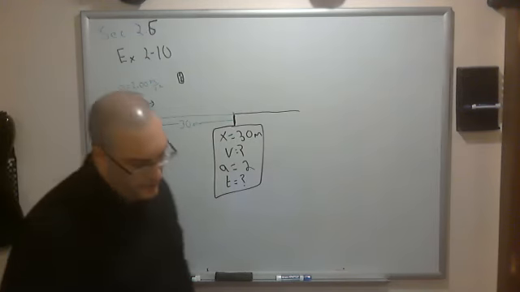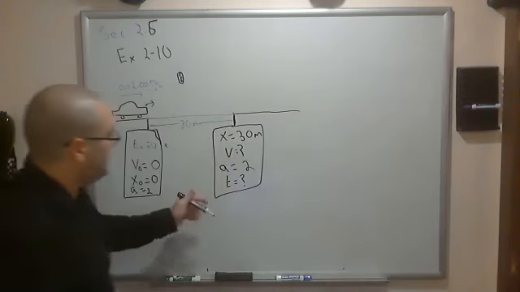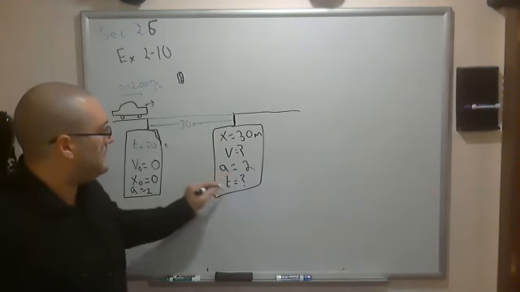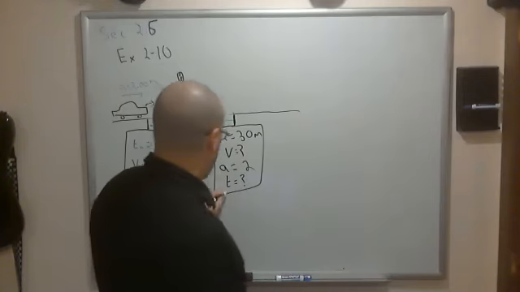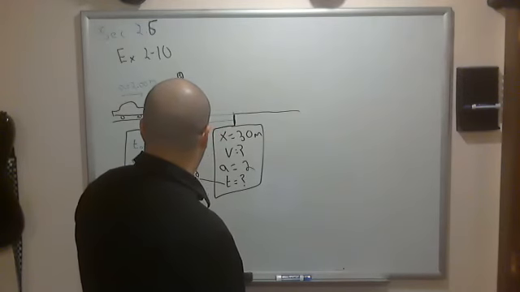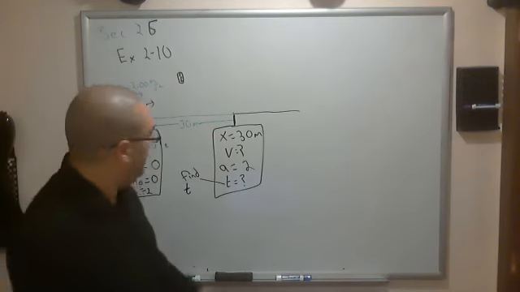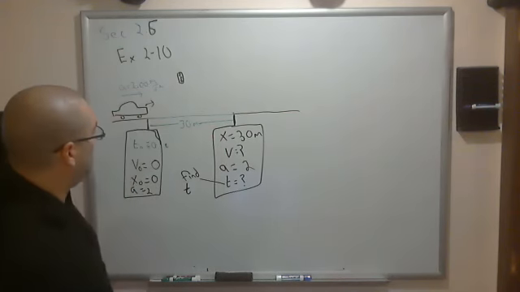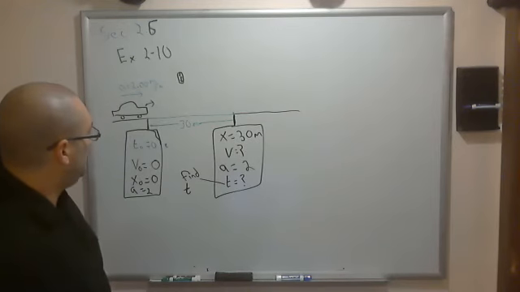And the problem asks how long does it take to cross the intersection? So what we want to find is this t, right? This is what we want to find. So we're given these initial parameters. Let's see what we could use, right?